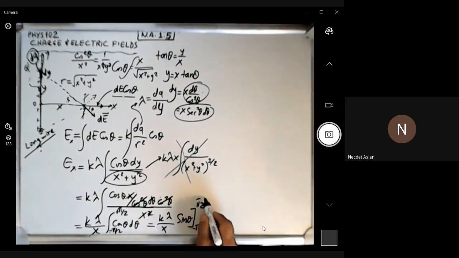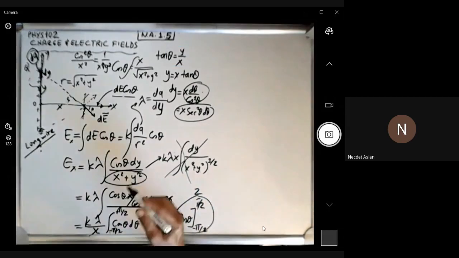You get a factor of 2, as you see. Why? Because sine pi over 2 is 1, minus the lower limit, but sine minus pi over 2 is minus 1, so 1 minus minus 1 is 1 plus 1, which is equal to 2. And the result is 2k lambda over x.